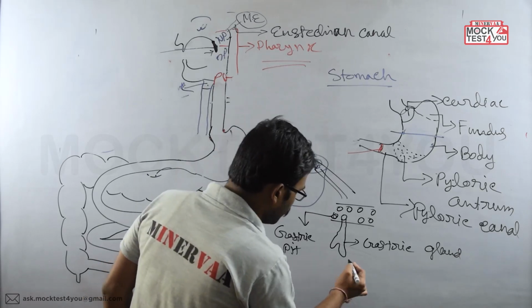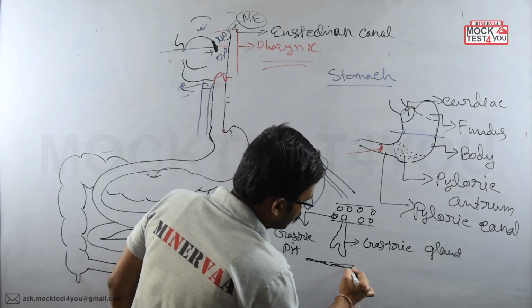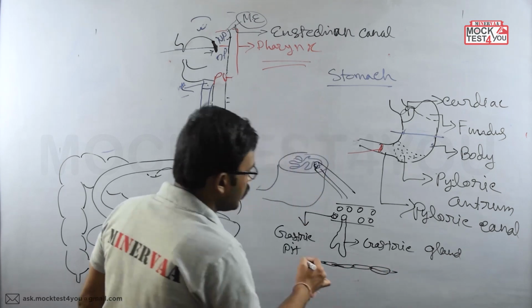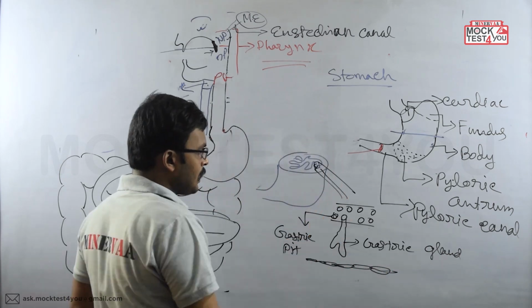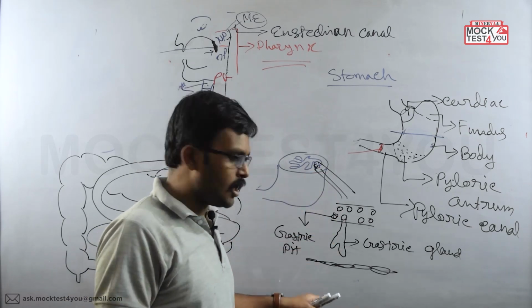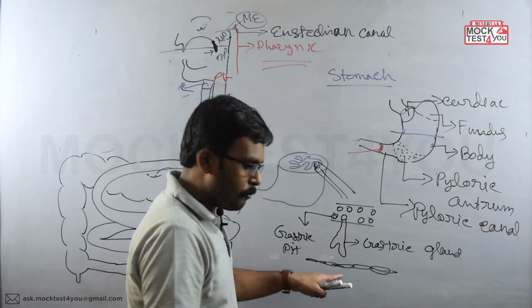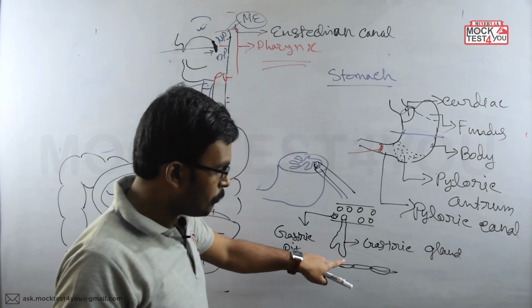And here, think this is the inner muscularis or the muscularis mucosa layer. So it is extending from the epithelial mucosa up to the lamina propria region before the muscularis mucosa.